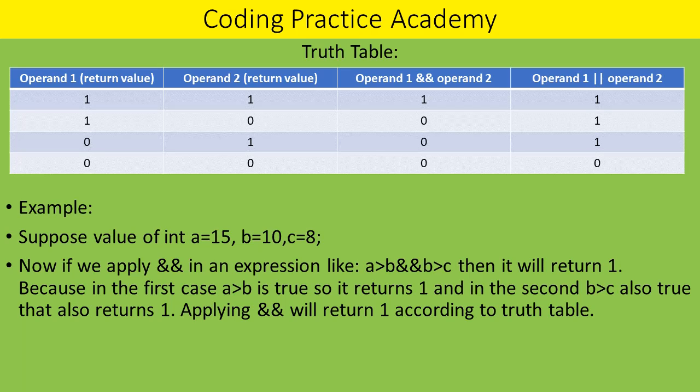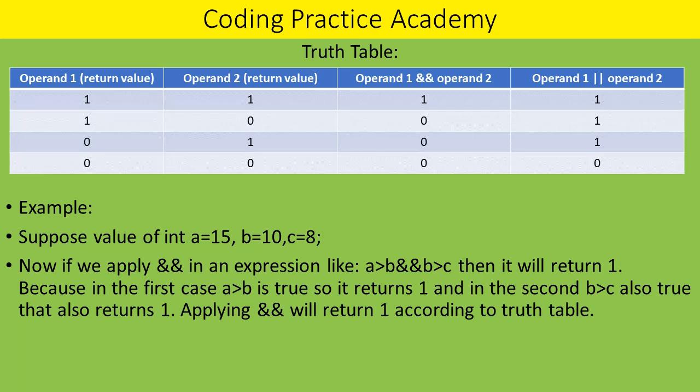We also know that 1 is treated as true and 0 is treated as false. Then the AND operator is applied between operand 1 and operand 2 to obtain the result of that logical operator. Similarly, the OR operator is applied between operand 1 and operand 2 to produce the result of that whole expression. The truth table of the logical operators is as follows.